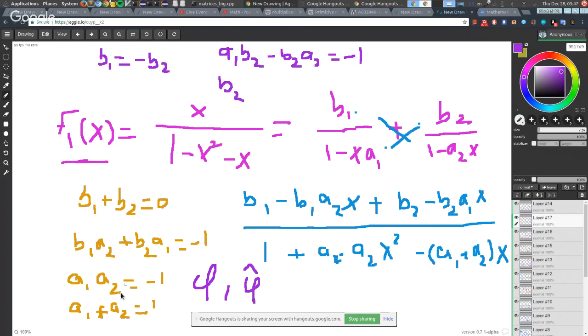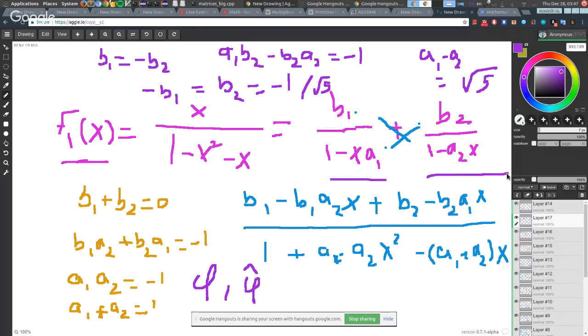Basically, b2 is the difference between, so a1 minus a2. So we'll find this part is equal to square root of 5. So here we have b2 is equal to minus 1 over square root of 5. Basically, here we have some values for this expression.